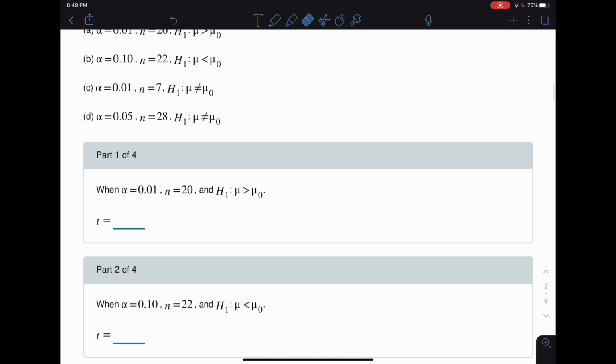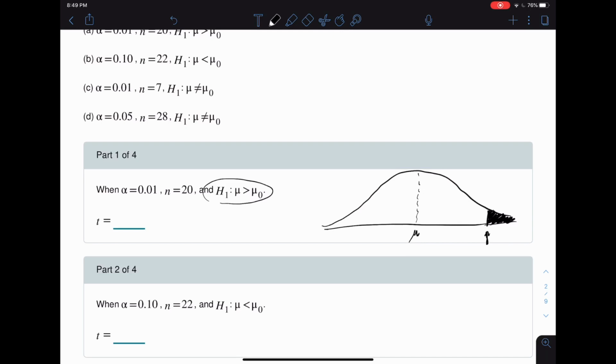I'm going to go ahead and go back to drawing my pictures again. On this first one, I take a look at my alternate hypothesis. It says greater than, so to do a test, it's going to have to be a right-tailed test. Now, this is different. I want to know the critical value here that sets us apart from whether we accept it or reject. And that's what the p-value did also.